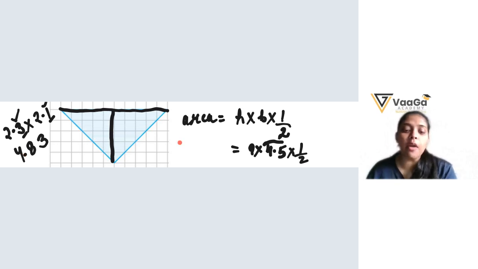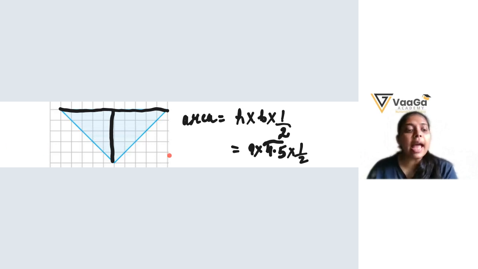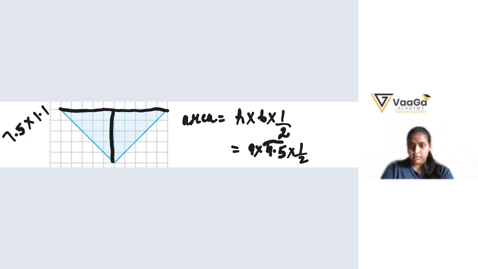Yes. Okay, let's try one more. If I have 7.5 times 1.1, multiply this. 7.5 times 1.1.